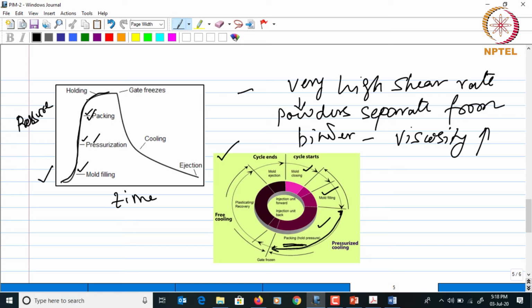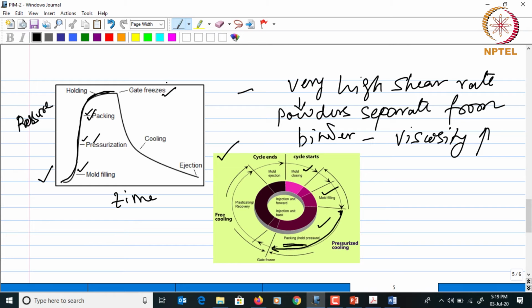And then the pressure has to be held, as we discussed, and during this hold pressure period the gates are frozen so that no more powder binder mixture comes into the mold cavity, and whatever has gone inside is properly filled into the mold and effectively compressed, so that a defect-free component can be made at the end of the process, right? So that's what you see here.